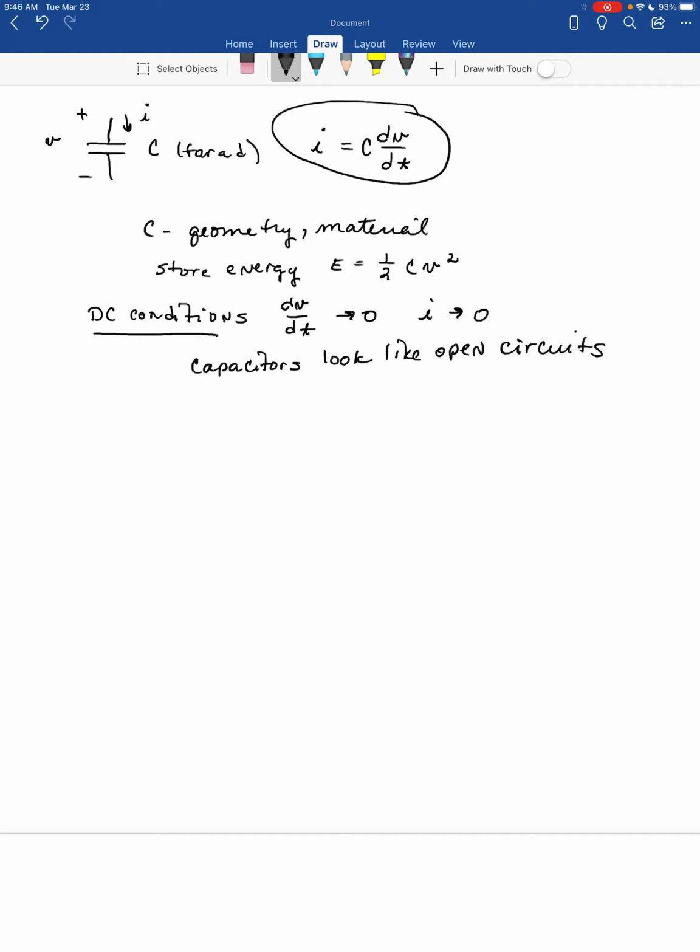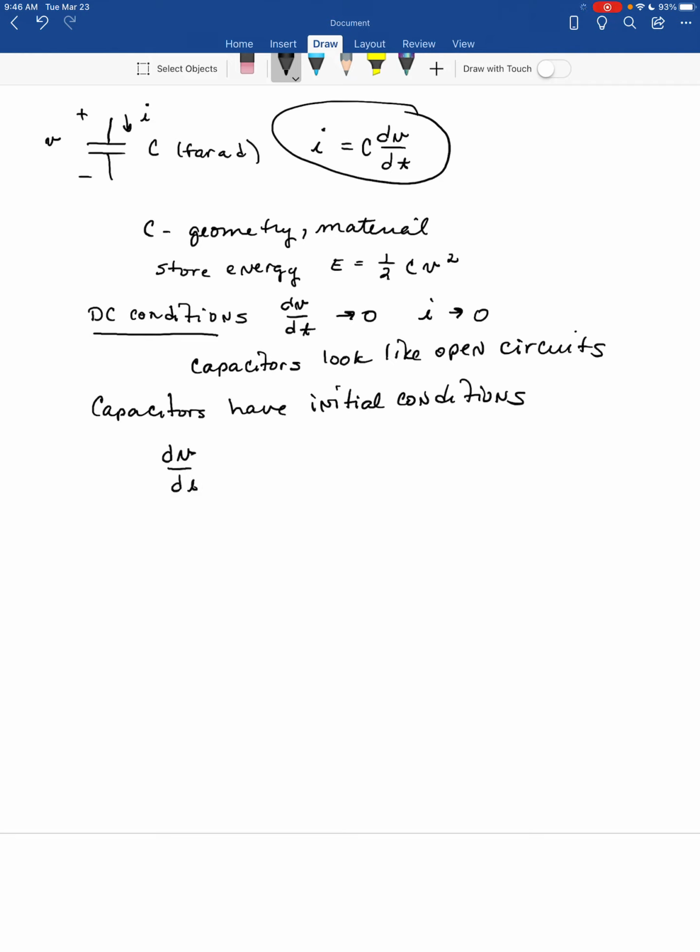The other thing is that capacitors have what we refer to as initial conditions. In other words, it's possible for a capacitor to sit, if it's not hooked to a circuit, for very long periods of time and hold a DC charge. So capacitors have the ability to have initial conditions. And let's look mathematically at this equation again.